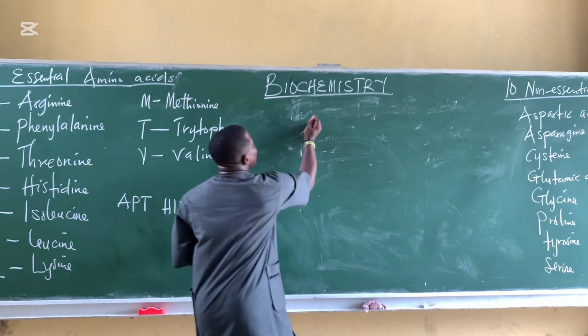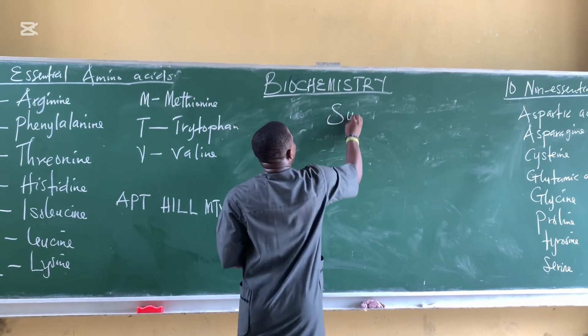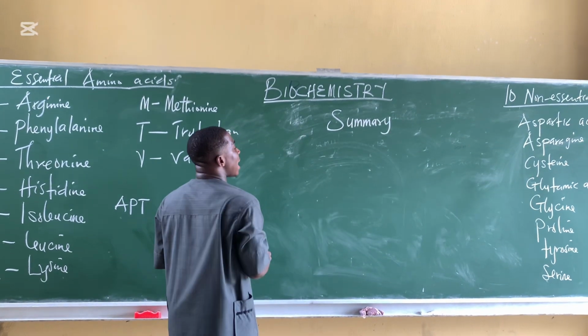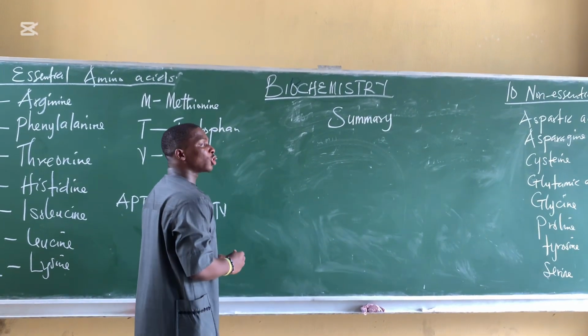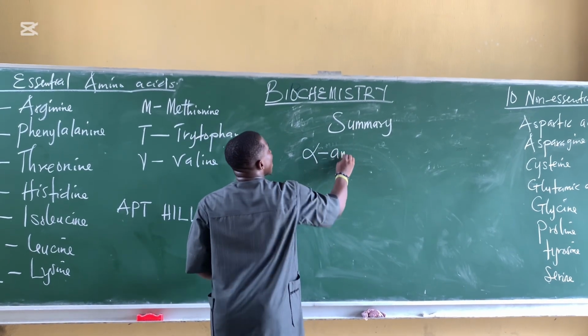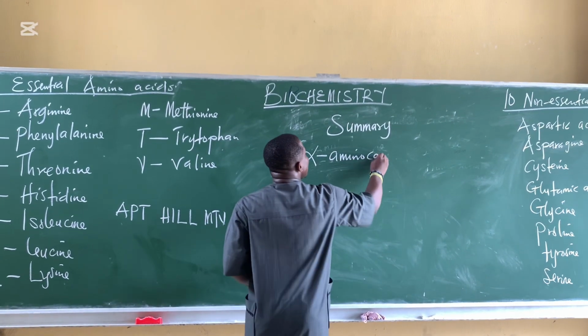Let's have a summary of today's class. We said amino acid is a short form for alpha amino carboxylic acid.